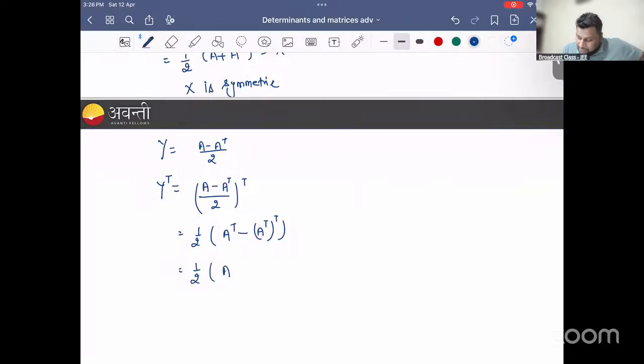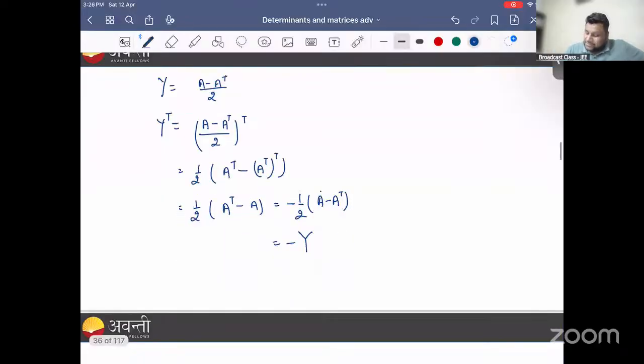That is half of A transpose minus A. Take minus common. So it became half of A minus A transpose. So it is minus Y. Since Y transpose is minus Y, so we say Y is a skew symmetric matrix. Understood?